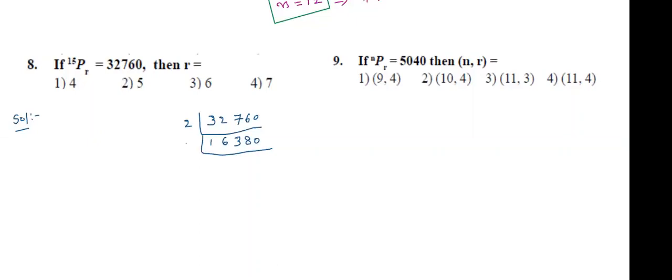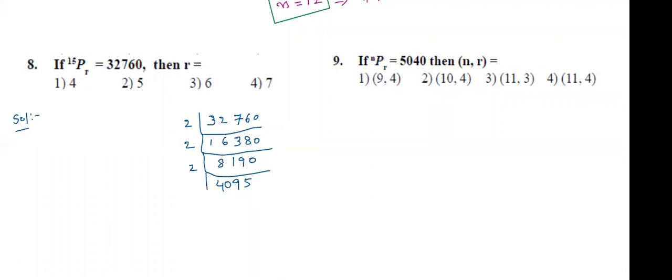Next, again with 2: 2 eights are 16, 2 ones are 2, 2 nines are 18, 0. Next, again 2: 2 fours are 8, 2 nines are 18, 2 fives are 10. So in between we need to put 0.